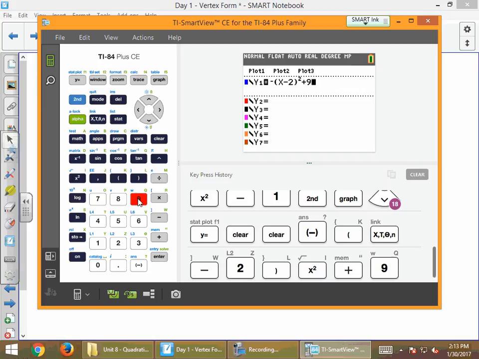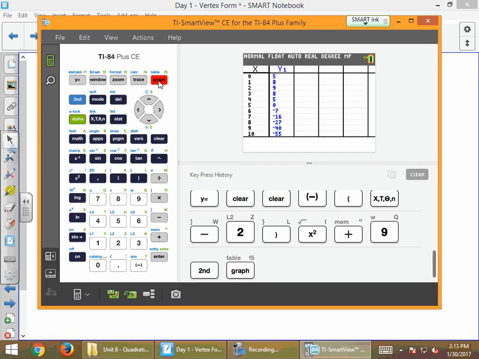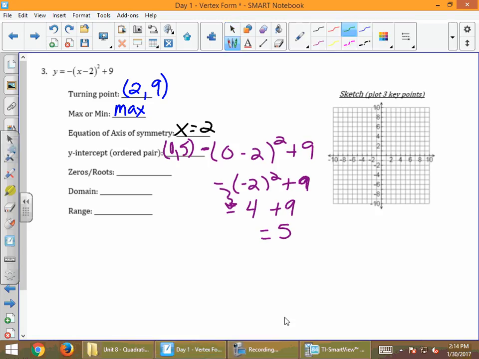Where do we go to get the table? What do we press? Second graph. And find those x values that are paired with 0. What x values do we have that are paired with 0? Negative 1 and 5. Right here. You might have to arrow up and down to find them. They might not always pop up on your screen.